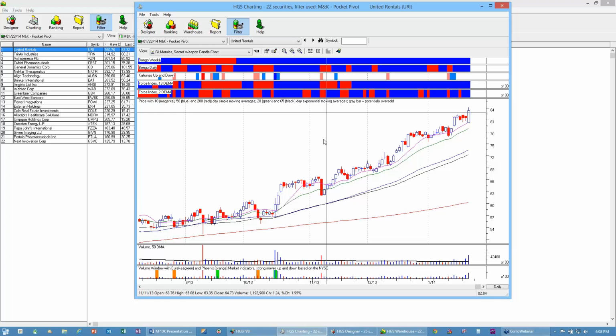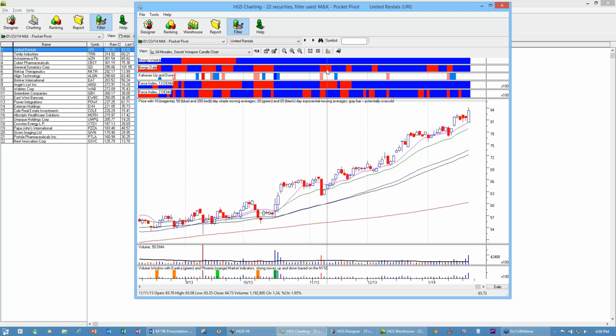Oftentimes you're going to get these shakeouts, but notice how quickly the 2-day force turned blue again. It didn't happen on this day, but it happened right here. So that is an indication that the stock is turning back up.